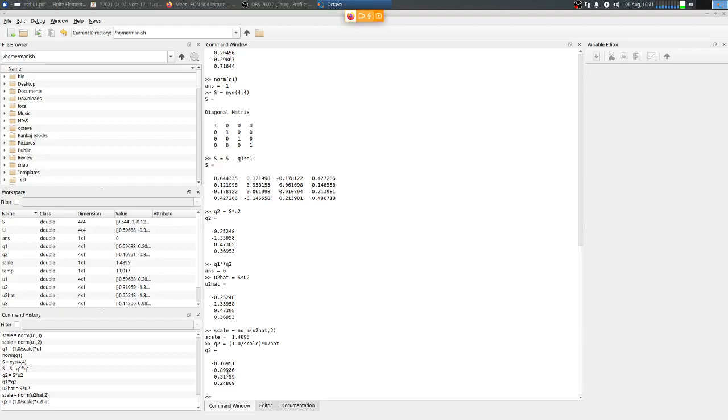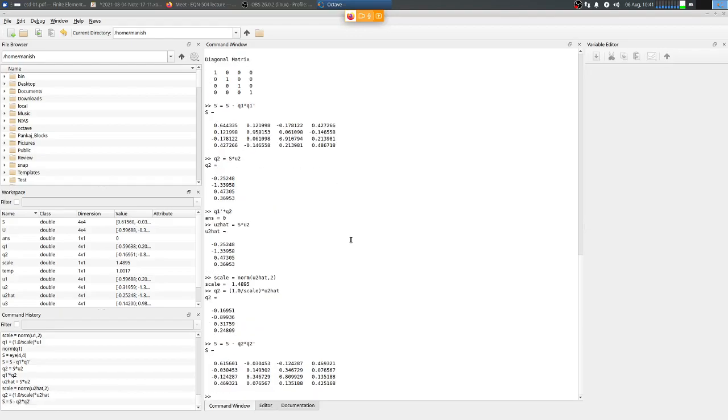Now that we have q2, I can augment this sweeping matrix as S equals S minus q2 multiplied by q2 transpose, right?